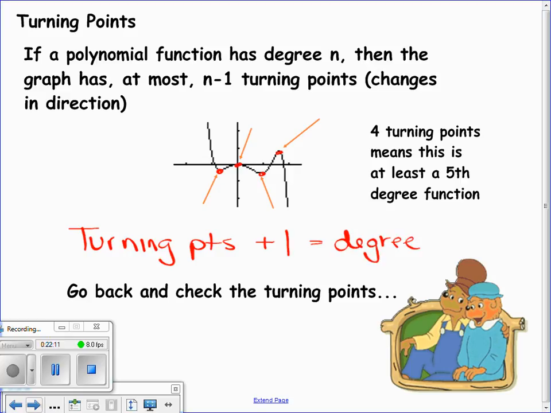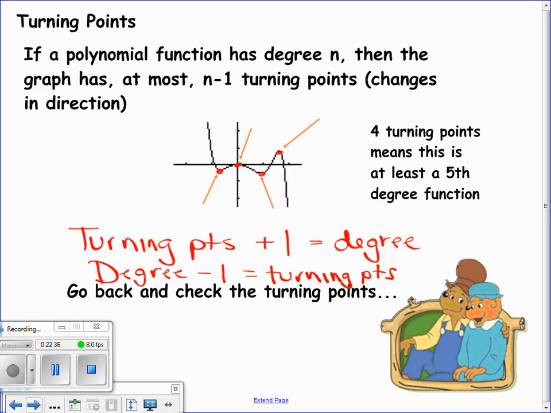Or you can think of it backwards, where the degree minus 1 equals turning points. It depends on what you're given and which direction you're going with that. So turning points plus 1 equals degree, or degree minus 1 is how many turning points it'll have.